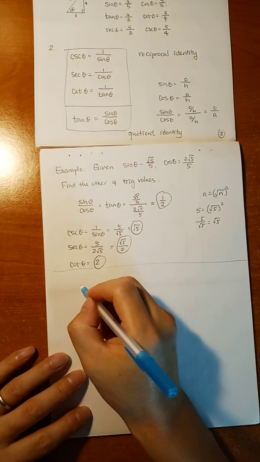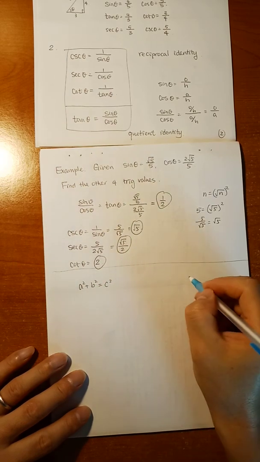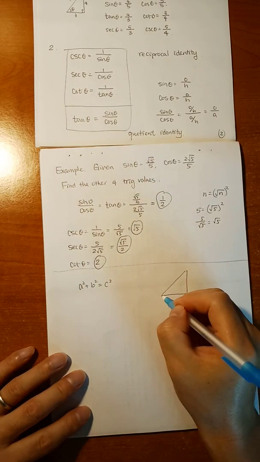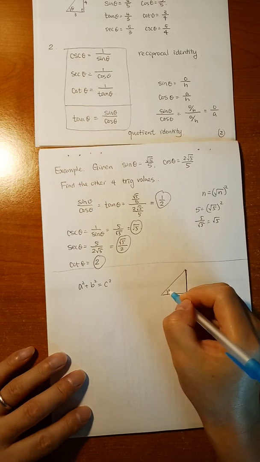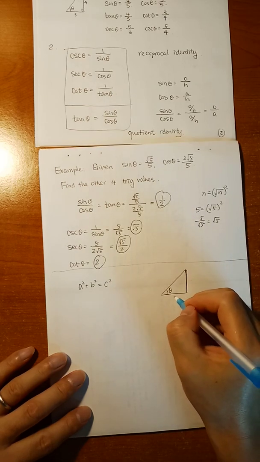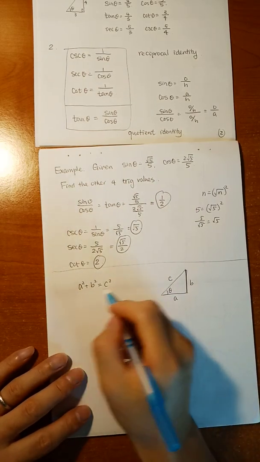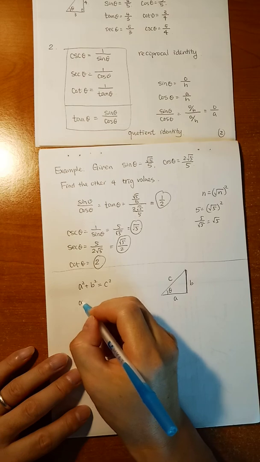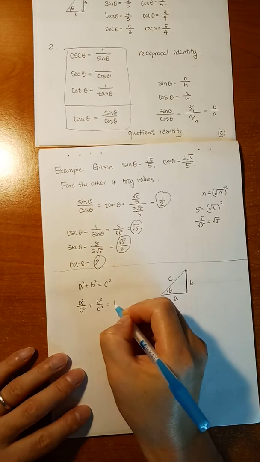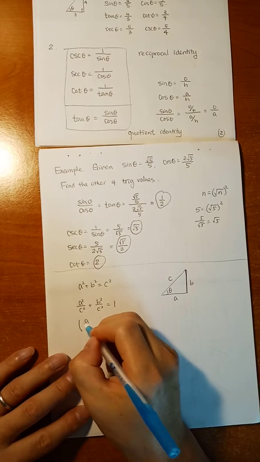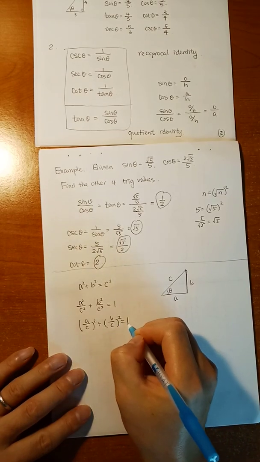Remember the Pythagorean theorem: a squared plus b squared equals c squared. If we divide by c squared, we get a squared over c squared plus b squared over c squared is equal to 1, or (a over c) squared plus (b over c) squared is equal to 1.